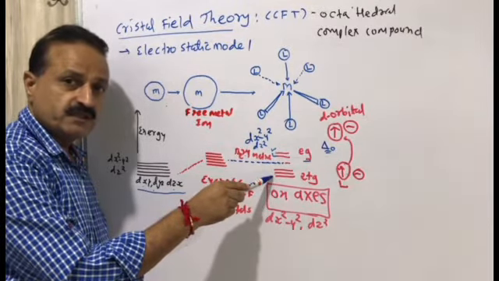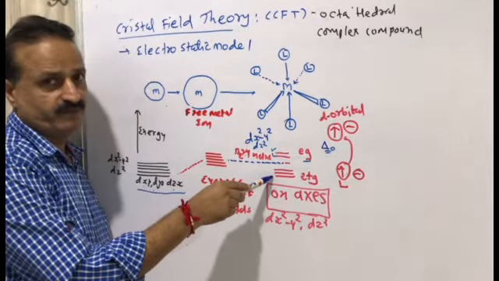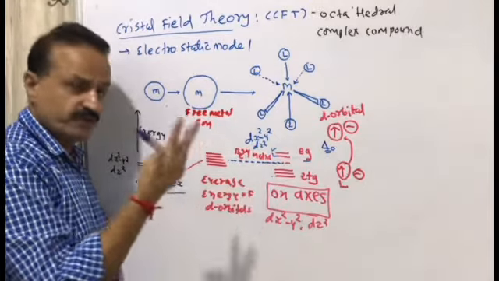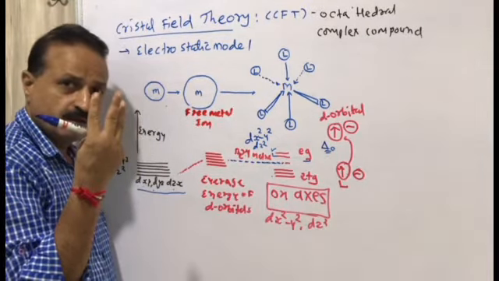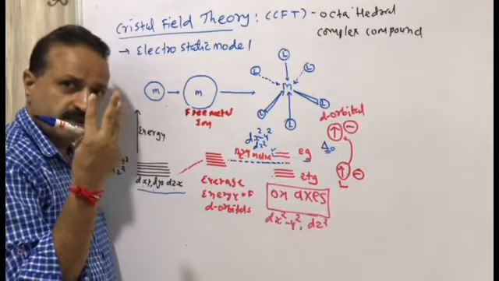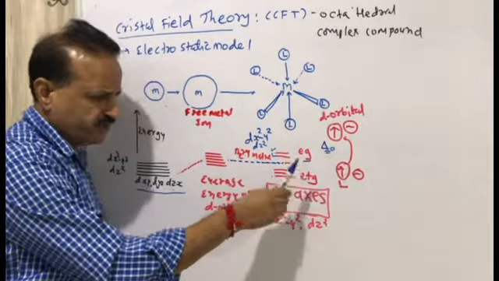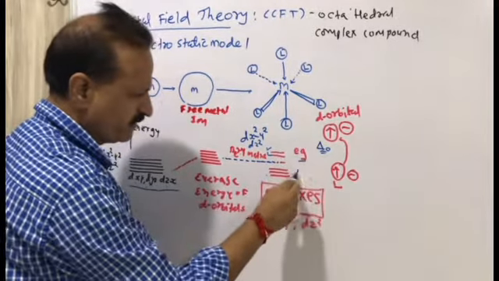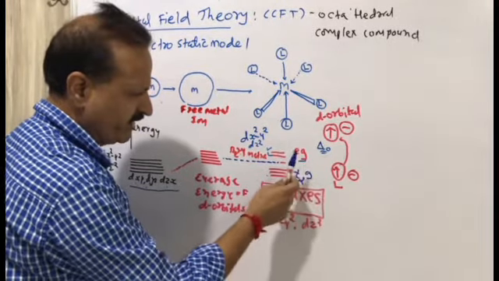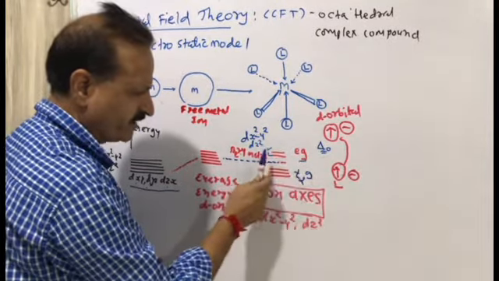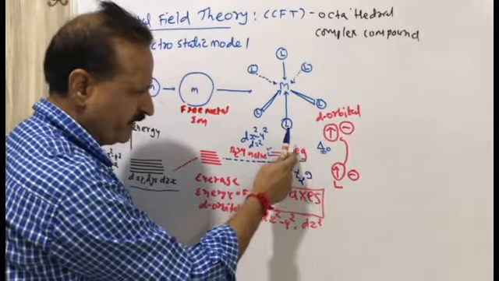This is T2g. T2g has three characters, so there are three orbitals. Eg has two characters, so there are two.